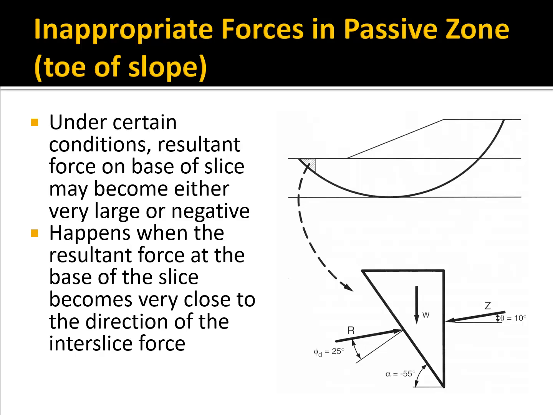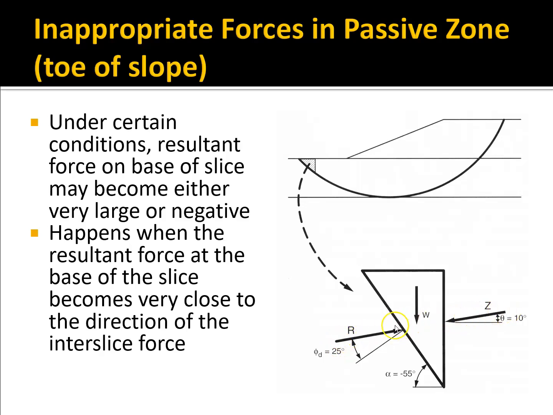And under certain conditions, the resultant force on the base of the slice may become either very large or negative. And this happens when the resultant force at the base of the slice becomes very close to the direction of the inner slice force.